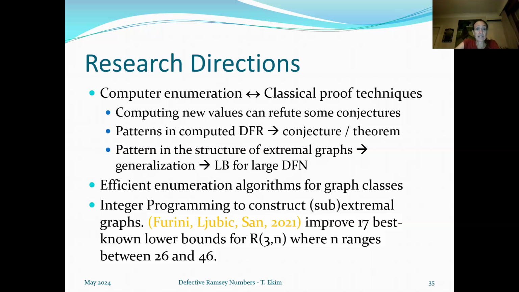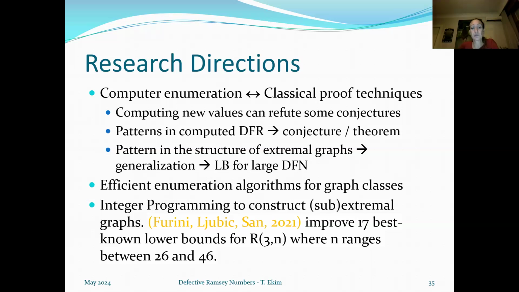So there is still a lot to do in this direction, the first of which is efficient enumeration of graph classes. For many graph classes, we don't know how to efficiently enumerate all graphs belonging to this class for a given number of vertices. Another promising direction is the use of integer programming. This is more of an industrial engineering method, but maybe you are also interested in this.